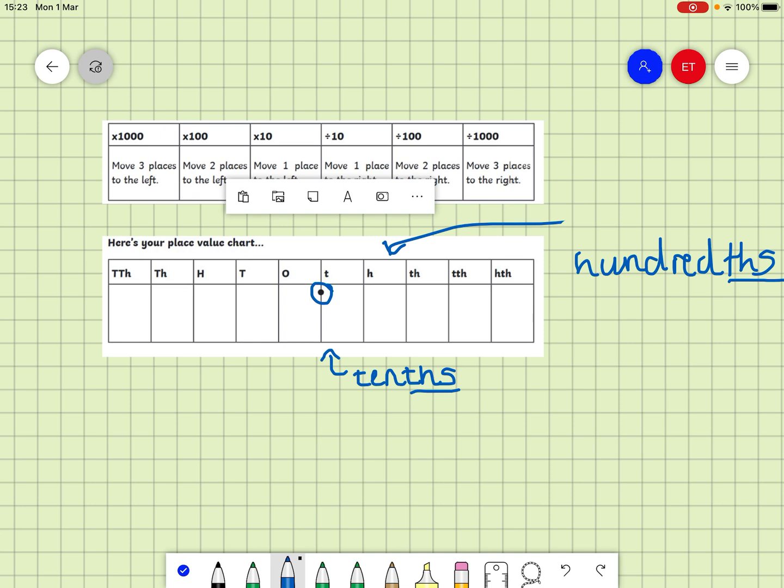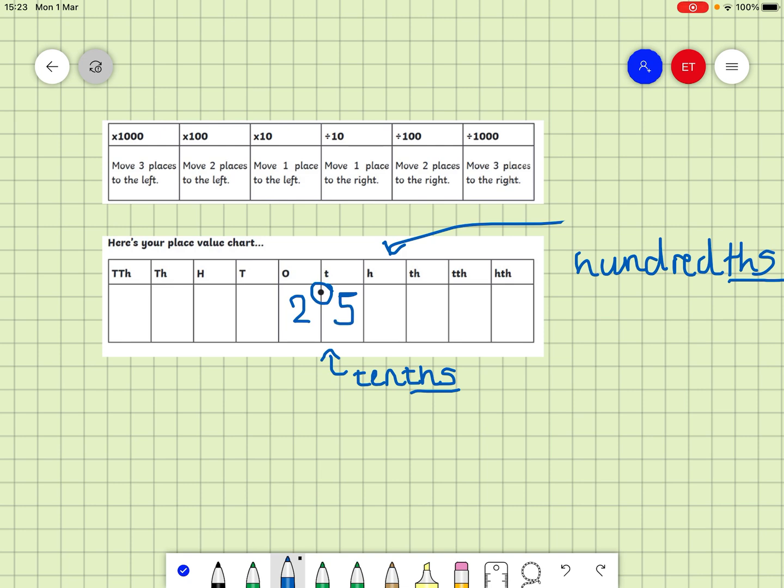So any number after the ones, you need to have a decimal point first, okay? So let's say I had 2, then a decimal point and then let's just put 5, okay, 2.5.